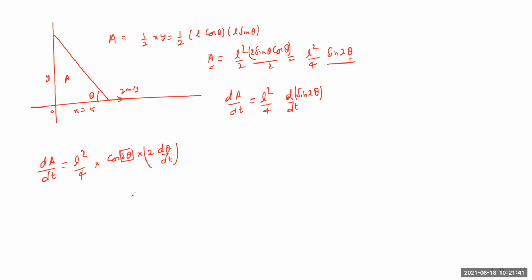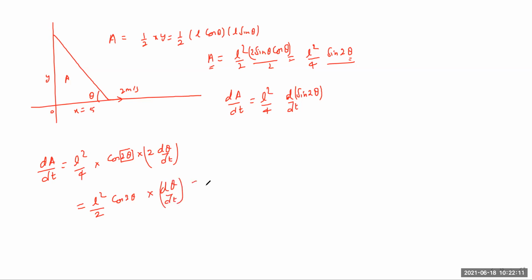This is the chain rule, right? Because it's sin 2 theta, it becomes cos 2 theta, and then we differentiate 2 theta with time, so we get 2 times d theta by dt. So you get L square by 2 cos 2 theta into d theta by dt.